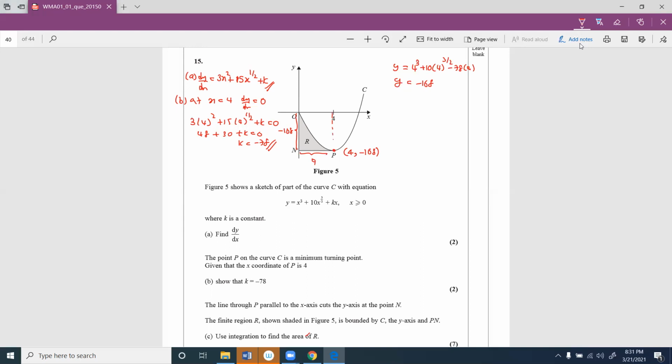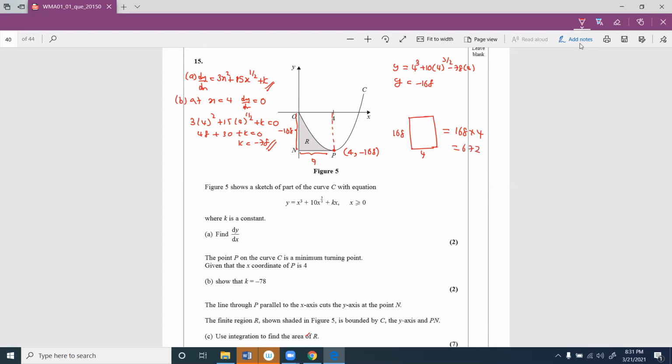Therefore, I can find the area of this rectangle. To answer this question, initially I try to find the area of this rectangle. That rectangle is 4 by 168. When you find the area, no need of considering the negative. 168 into 4 is 672 units.